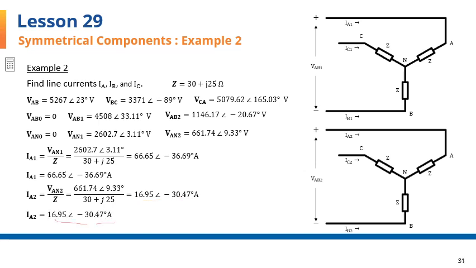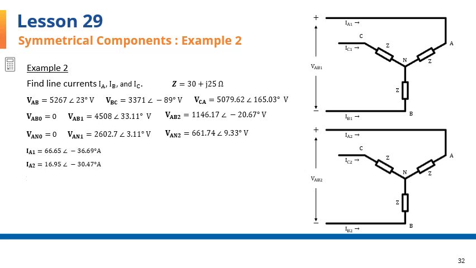Here are the positive and negative A components of the current. Because of the symmetry of the load and of the currents, the other two components of the current for each of the two sets can easily be found by shifting the phase angles appropriately.